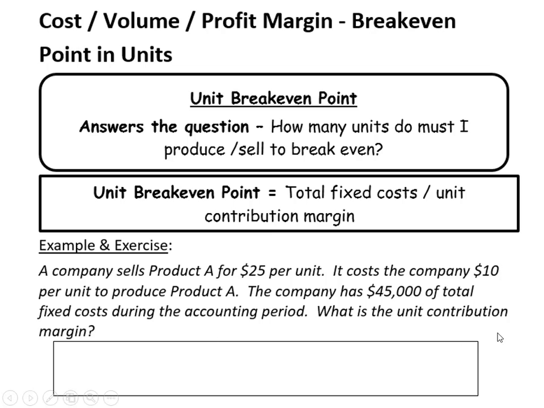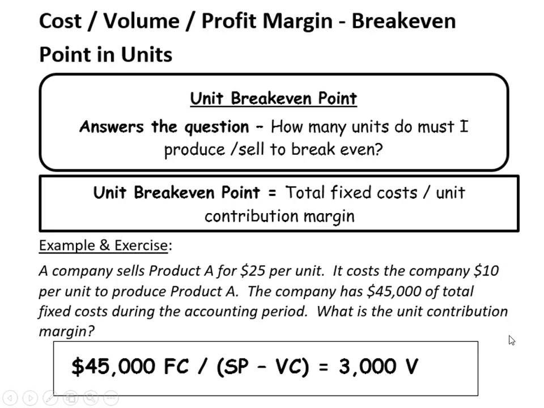So the answer in that case would be, we can now use our unit break-even point formula. And it is going to be our total fixed cost of $45,000 divided by our unit contribution margin. And our unit contribution margin will be our selling price of $25 minus our $10 variable cost.